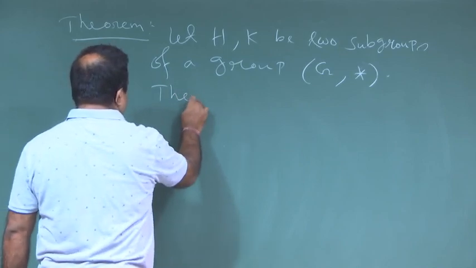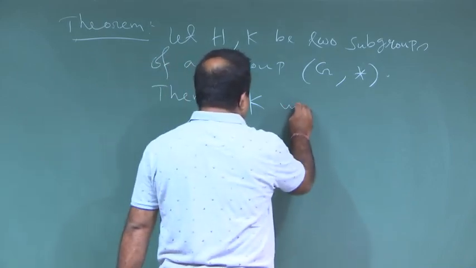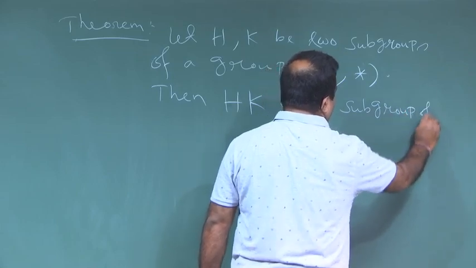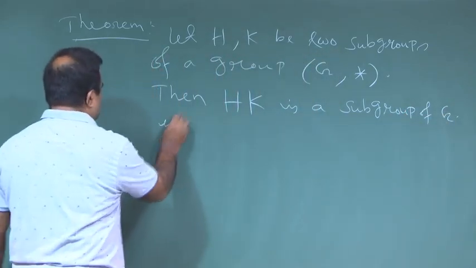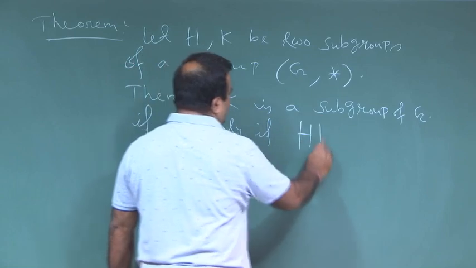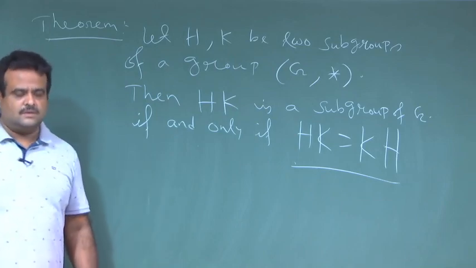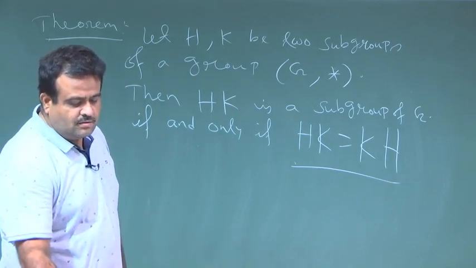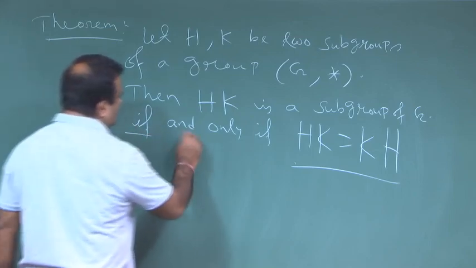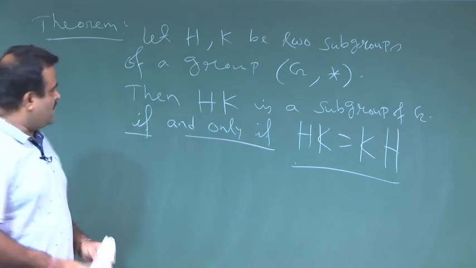Then HK is a subgroup of G if and only if HK is equal to KH, if they are commutative in the sense, if HK is equal to KH. Okay. So, there are two parts, the if part and the converse part. So, necessary part and sufficient part. So, we are going to try to prove this.